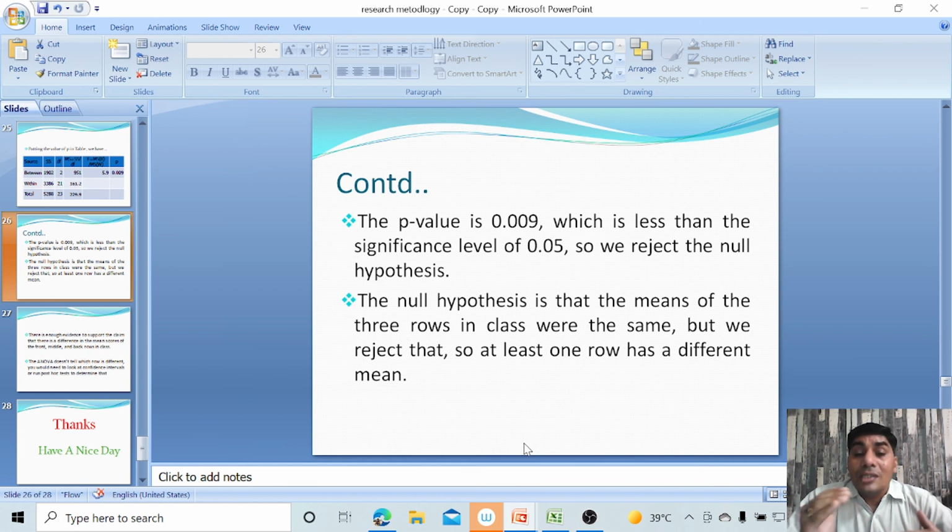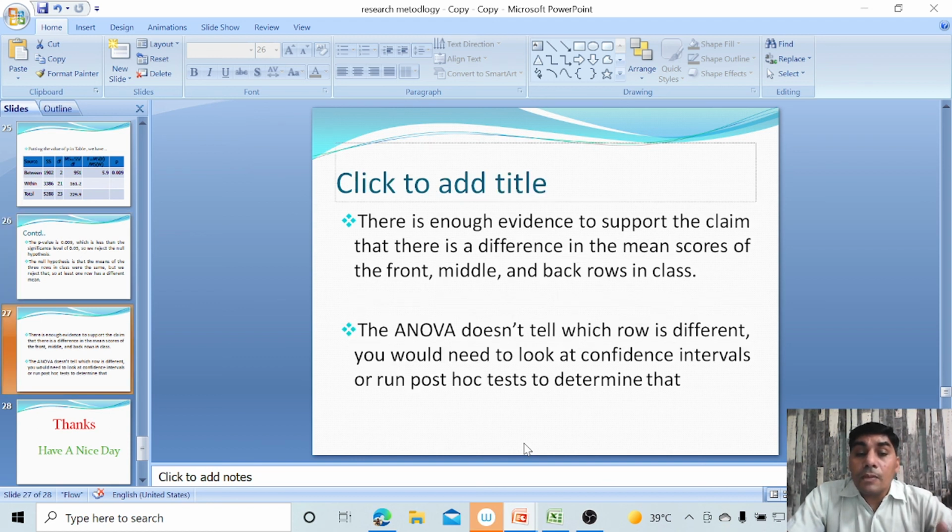So, reject the null hypothesis. The null hypothesis is that the means of the 3 rows in class were the same, but we reject that, so at least one row has a different mean. There is enough evidence to support the claim that there is a difference in the mean score of the front, middle and back rows in class.